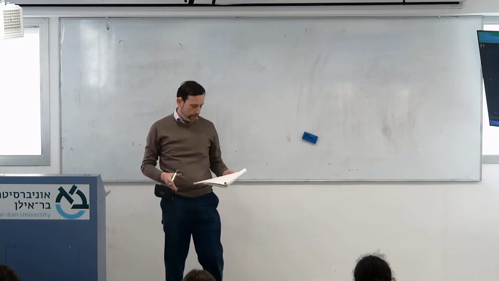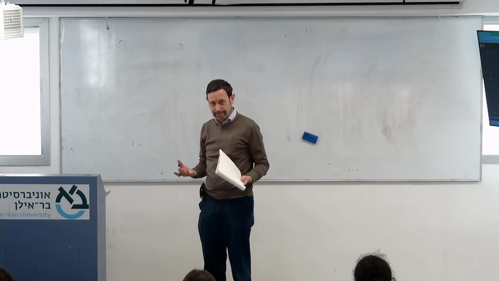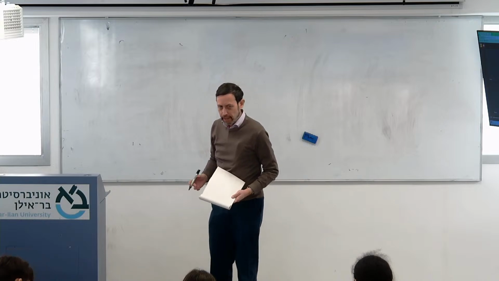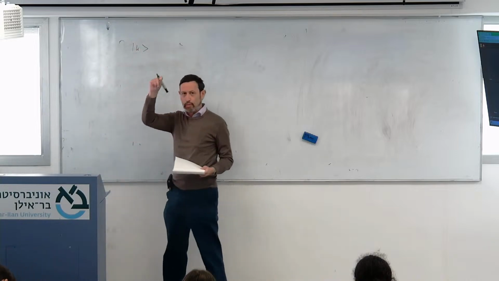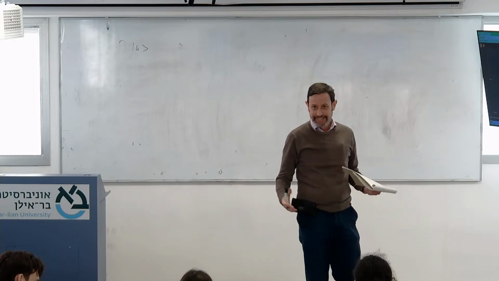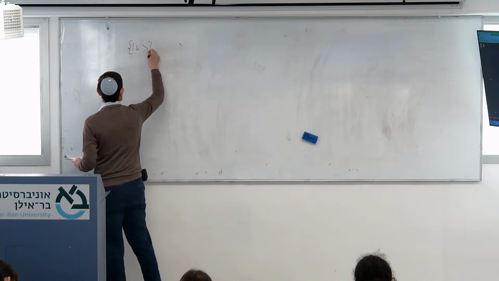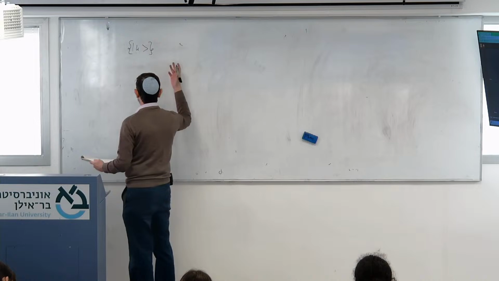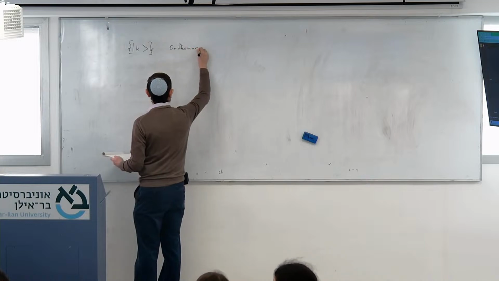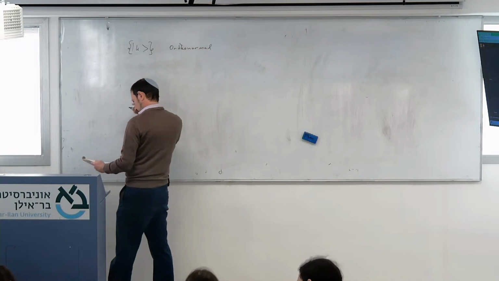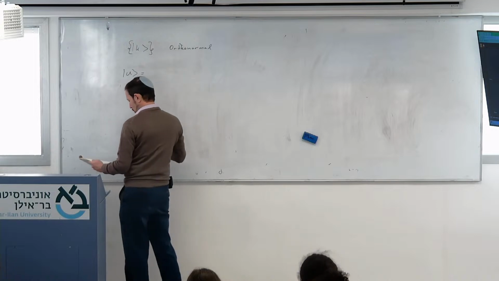So let's assume I have some basis, and I'm shortening the notation from E of K to just K. It doesn't matter, I have some basis, which is also orthonormal, and I have some vector.